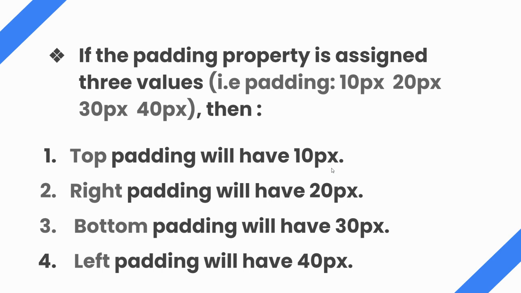So you need to know the order of this property using these values so you don't get confused. It starts with the top, followed by the right, then the bottom, and then the left. The left is the last, the top is the first. Top, right, bottom, left. That's how it works when the padding property is assigned four values.